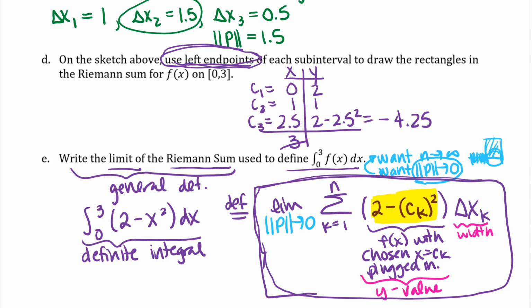What this represents, that's that function with the chosen x equals c sub k plugged in. What it represents when you plug that thing into the function, that you get an output value for the function. What the delta x's at the end of this Riemann sum represent, that those are the width or size of the little pieces in the partition, that you add all those things up, that definite integrals are really sums, and that there's some limit involved, and what exactly is happening when that limit happens.